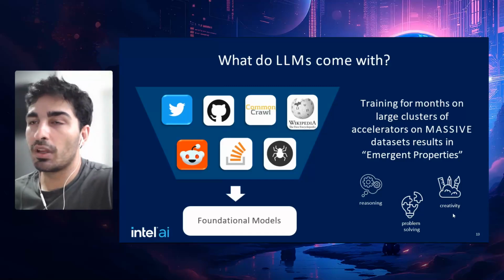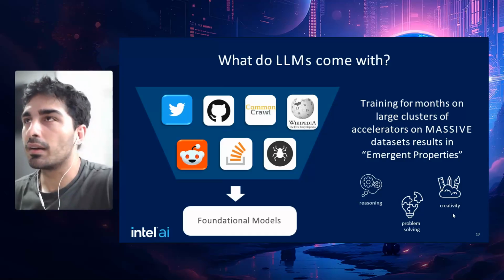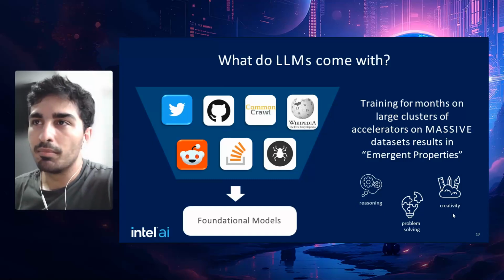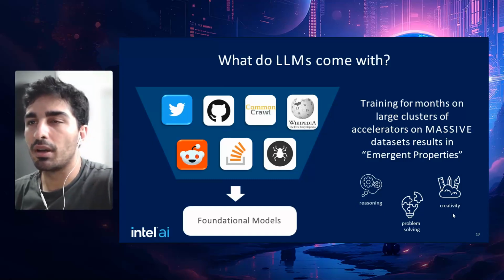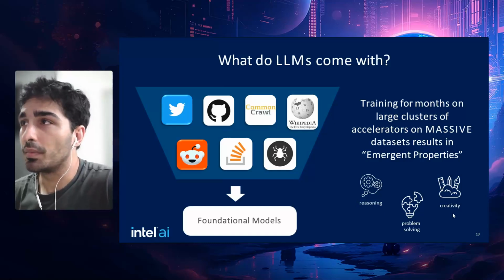And those LLMs use massive data sets from the available internet data, and those models come up with the foundational models that we are gonna be using here in our code.